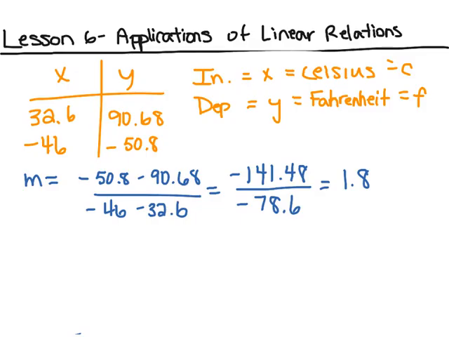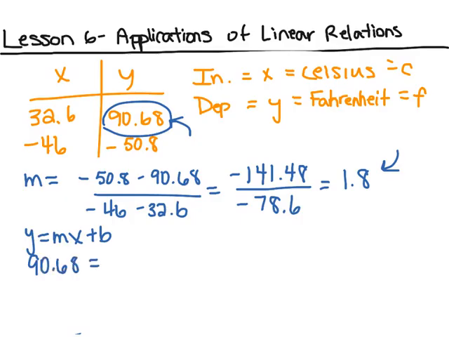So now we need to find our y-intercept. To do that, we're going to use this point and this slope. So we have y equals mx plus b. Instead of writing y, we're going to write 90.68. We have 1.8 as our slope, and 32.6 is our x, plus b. Now we're going to solve for b. 32.6 times 1.8 is 58.68.